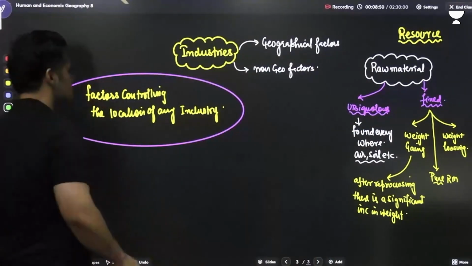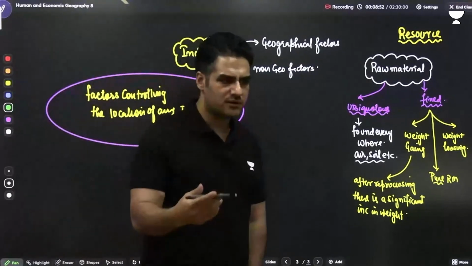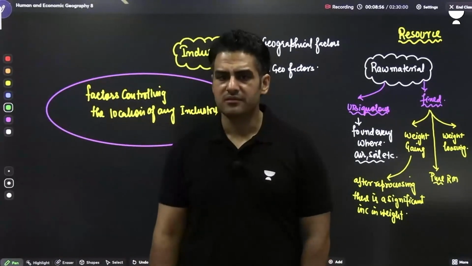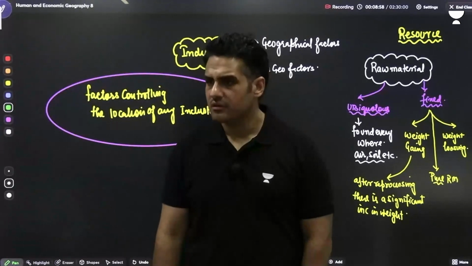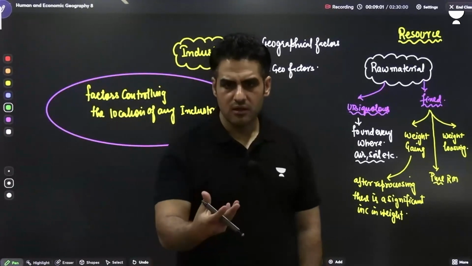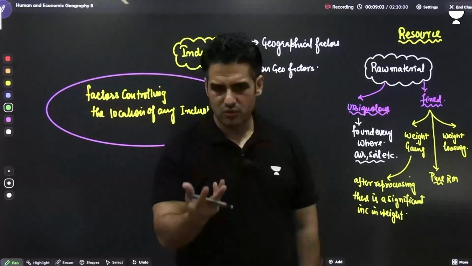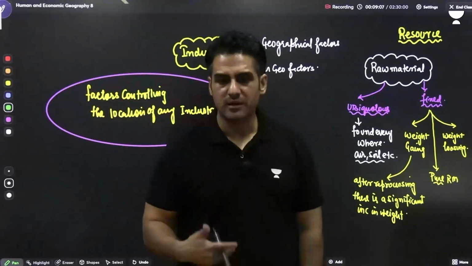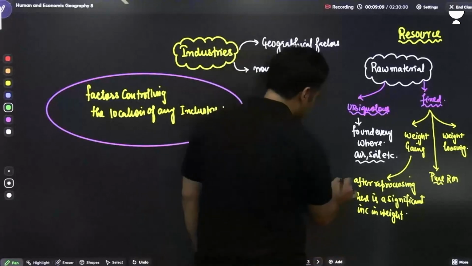Some raw material which, when we process it, whatever final product we get, its weight increases. Bakery industry, brewery industry, dairy industry. What is initially raw material? Lighter. When we reprocess it, what it becomes? Heavy.